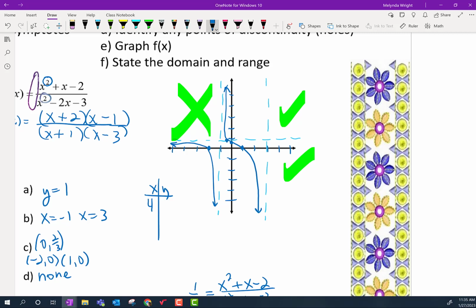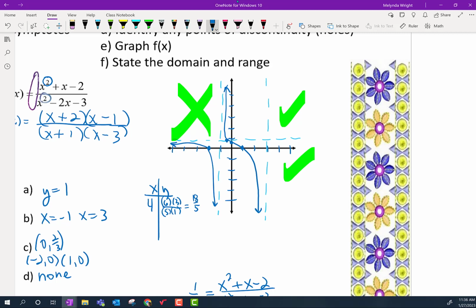And I'm going to say 4 plus 2 is 6. 4 minus 1 is 3. 4 plus 1 is 5. 4 minus 3 is 1. And so that's 18/5. That's how I would calculate the y value. You can really do anything you want. You can put it back in the original because it didn't reduce.